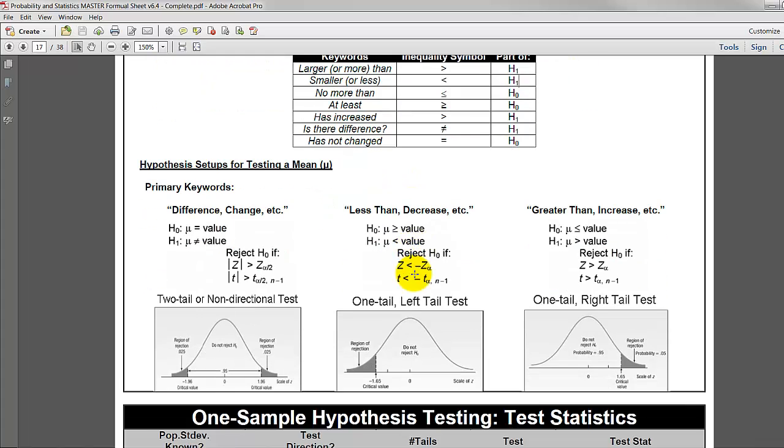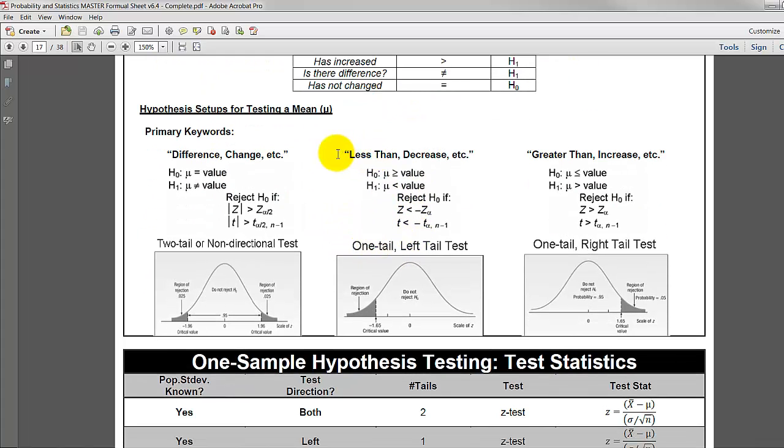And if you need to visualize this, what I would recommend is actually looking here. It is a keyword of less than, a decrease, is it smaller than in other words, and simply just using what I've written here. Mu is less than value for the alternative, and the opposite is true for the null. It is greater than or equal to.